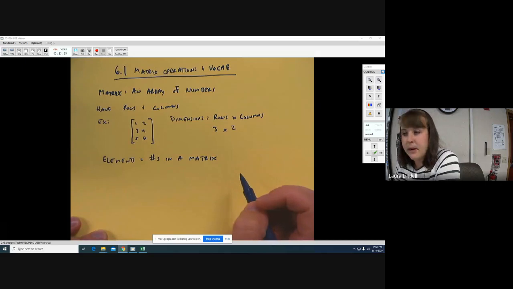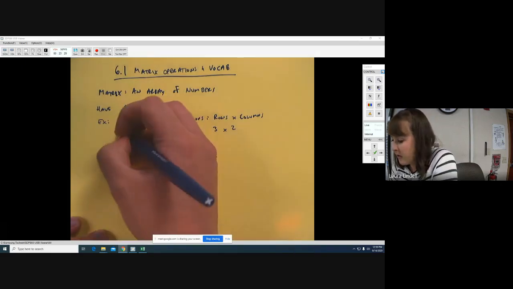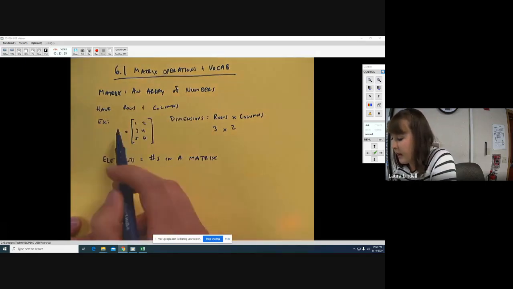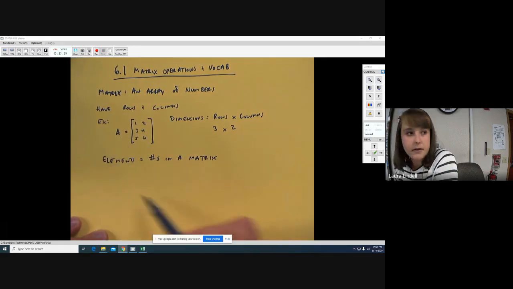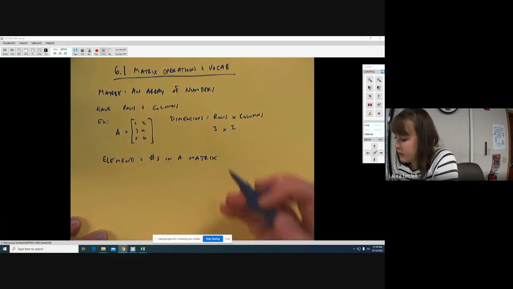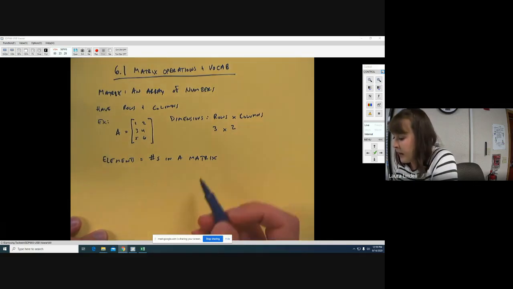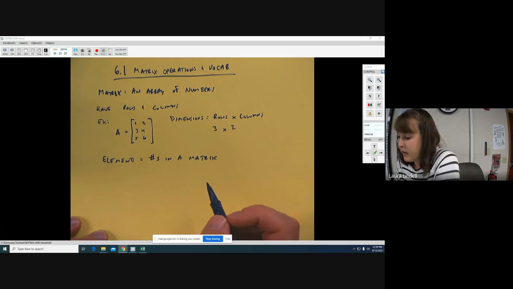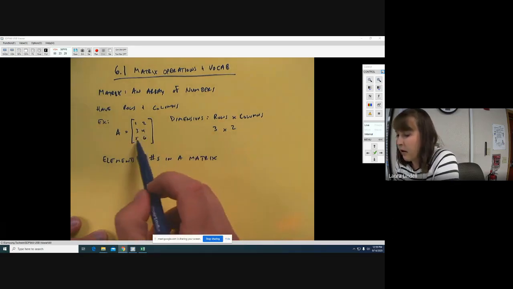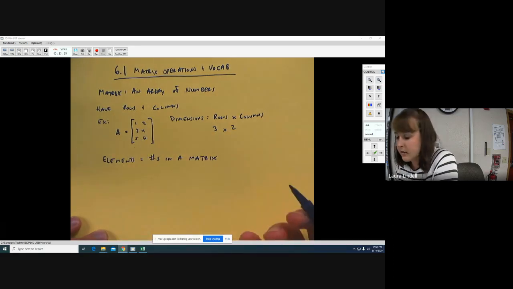And oftentimes matrices are given a name, like we could call this matrix A. We could say A equals this. So I'm going to refer to this matrix as A when we talk about the parts of it. So A's dimensions are 3 by 2. It has elements, which are numbers in the matrix. So if I wanted to know how many elements matrix A has, that would just be how many numbers are in this matrix. So that would be 6.